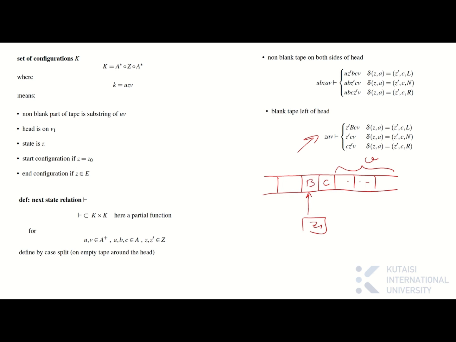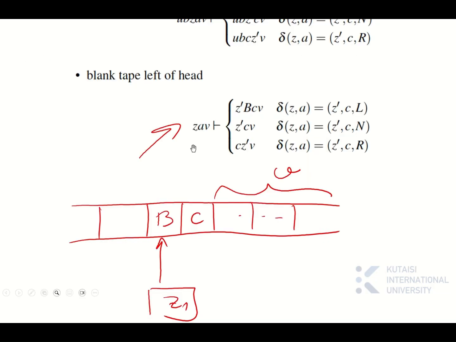I just write B. So let me explain this better. This goes into a definition of computation: when I read A in state Z and I move left, I just wrote B here and that's it. This is a symbol B that I wrote, but I represented emptiness with B. So basically now there will be no difference between an empty cell and B.